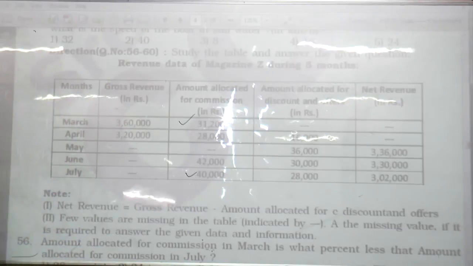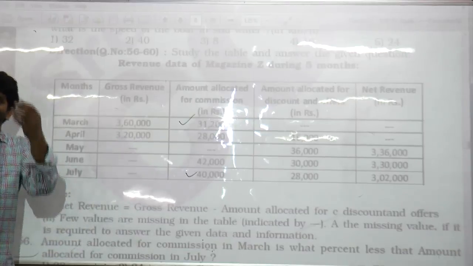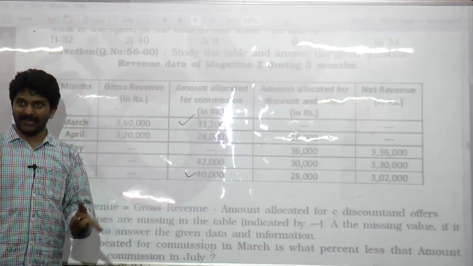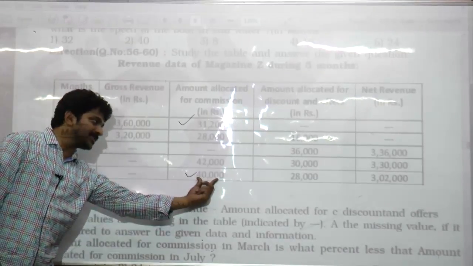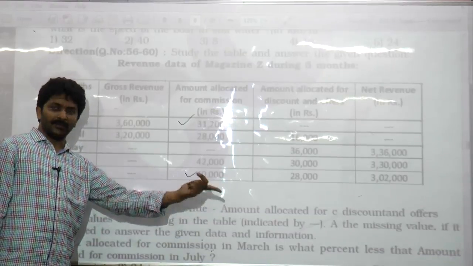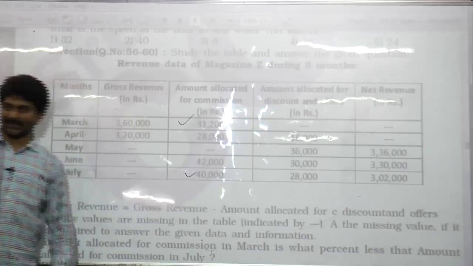In July, they have allocated 40,000 and here it is 31,200. They said what percent less? 31,200 is 8,800 less, and you need to calculate it in terms of percentage. 10% is 4,000, 20% is 8,000, 2% is 800, so 22% is 8,800. 8,800 less, so 22% less.